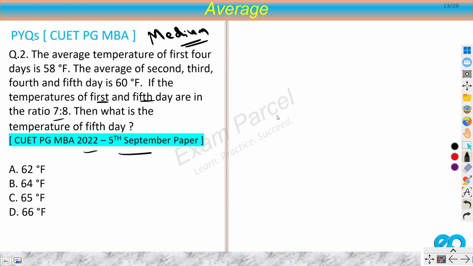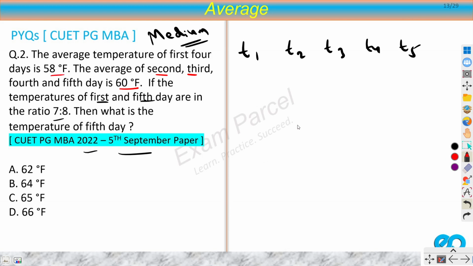So we are talking about the temperature of 5 days. Let us denote those temperatures T1, T2, T3, T4, T5. The average of the second, third, fourth and fifth day is 60 degree Fahrenheit and the average temperature of the first 4 days is 58 degree Fahrenheit.